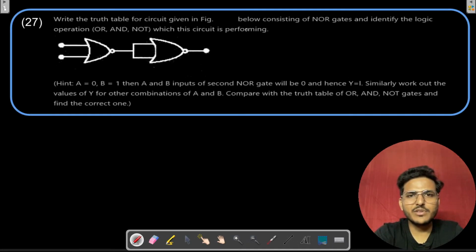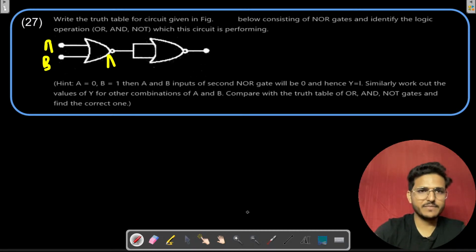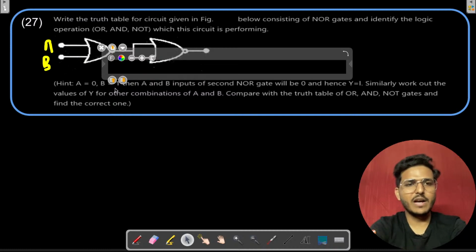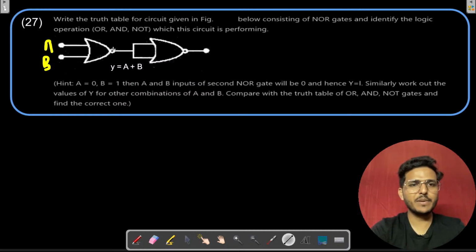Write the truth table for the given figure. See, if there is A and there is B, then Y equals A plus B bar.